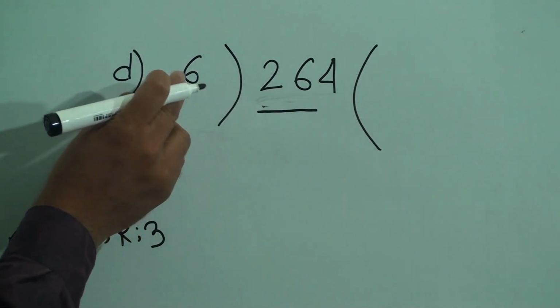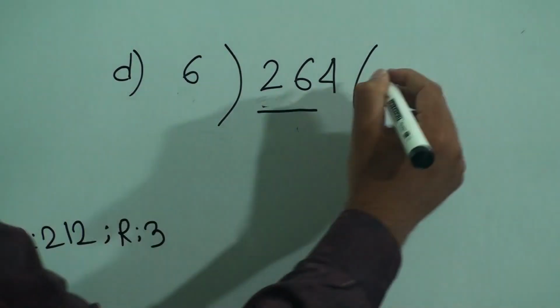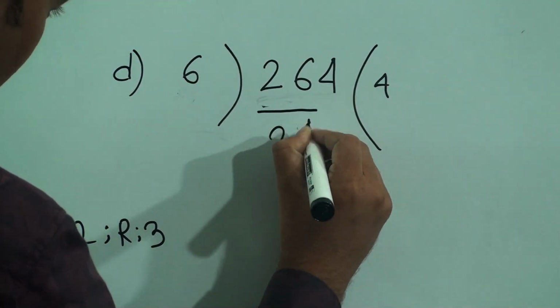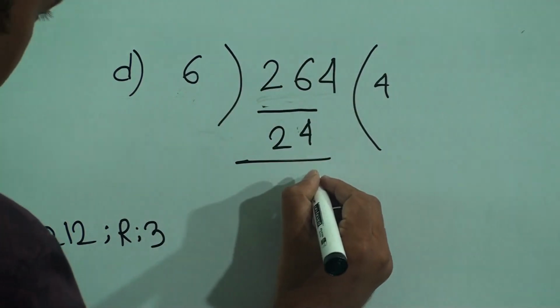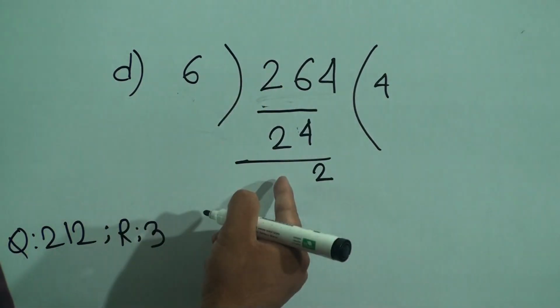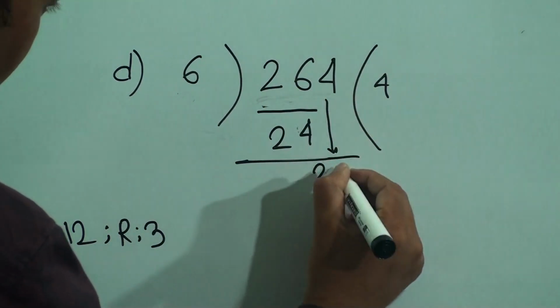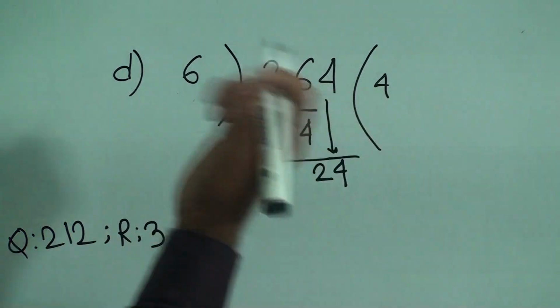Now memorize the times table of 6. How many times does 6 go into 26? We know that 6 fours are 24. Now subtract here, 4 from 6, it will be 2. 2 from 2, 0. Now again bring down the 4 here. What will be here? 2 and 4, that means it will be 24.